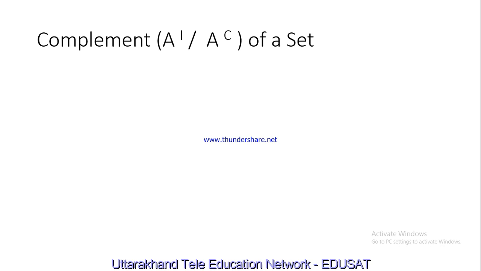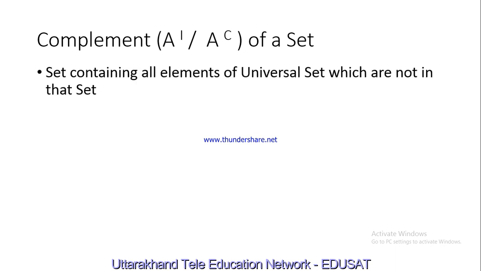Now let us talk about the complement of a set. What do we mean by the complement of a particular set? Again, a little confusing definition, but we'll have a look at the example also. Now, complement of a set is a set which contains all the elements of the universal set which are not present in that set.